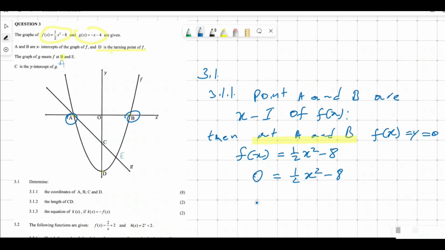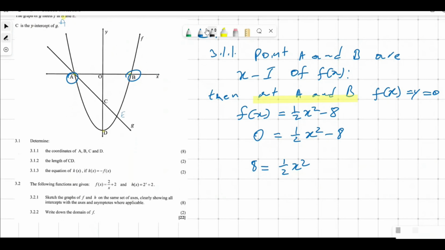So we have 8 equals 1 over 2 x squared. Then we divide both sides by 1 over 2, or cross multiply, multiplying 2 by 8. It's going to be 16 equals x squared.